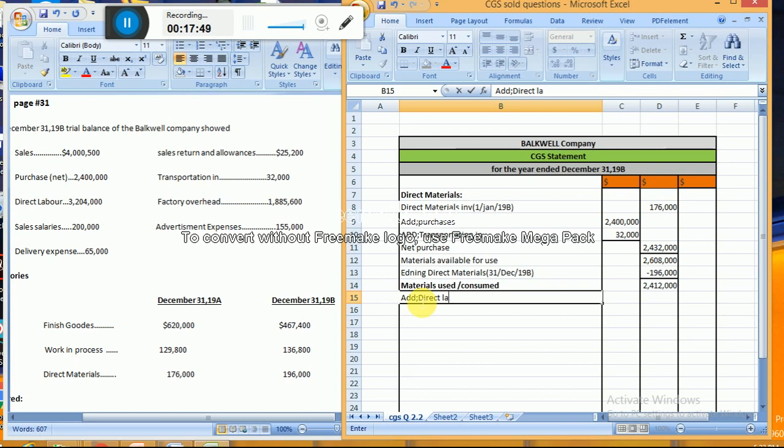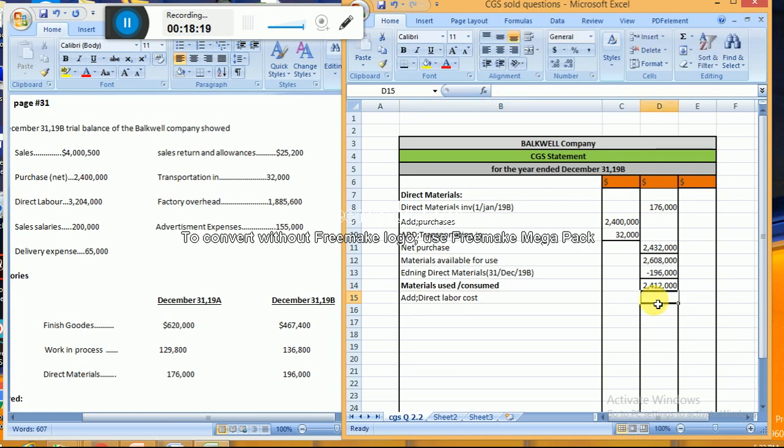Direct labor cost. How much direct labor cost took place? Look at the question that is given. The $32,04,000 direct labor cost took place. So we will add those costs.